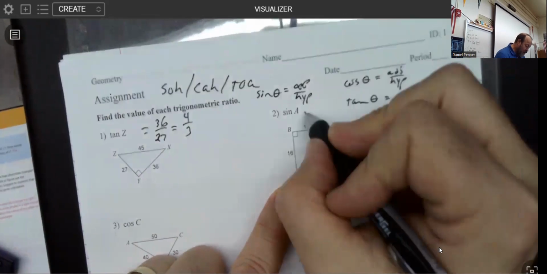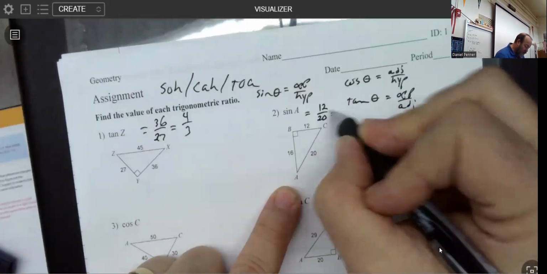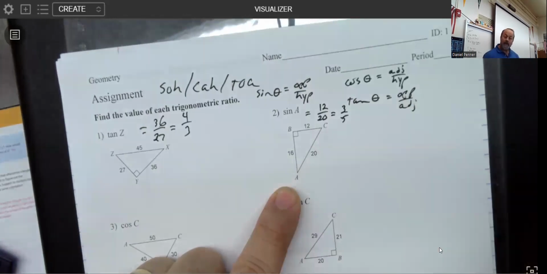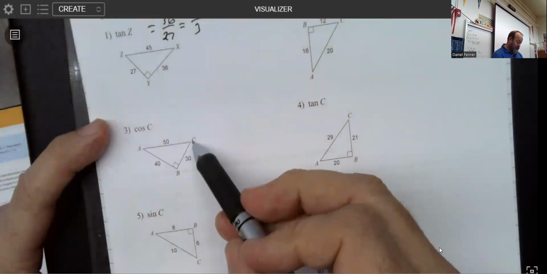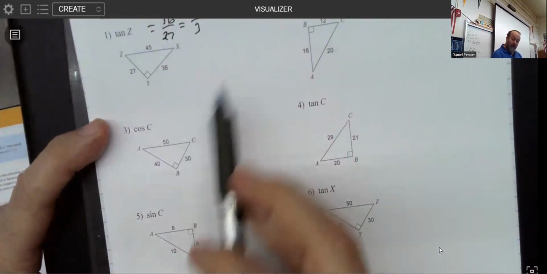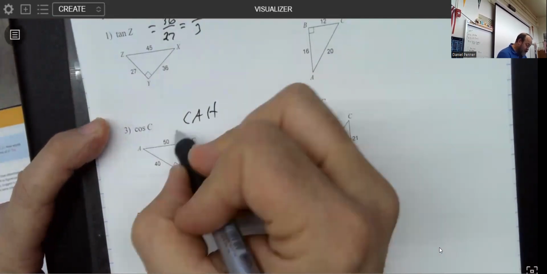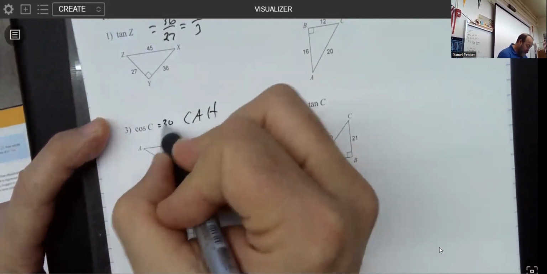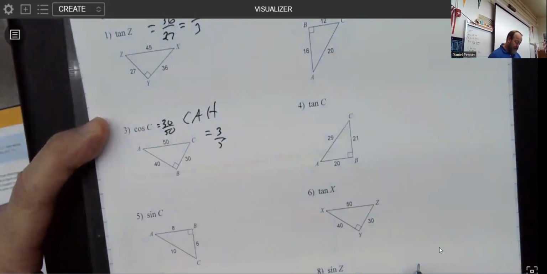So the sine is opposite over hypotenuse, again, I could divide by 4 and I would get 3/5. The cosine, adjacent over hypotenuse, CAH, so CAH TOA. The cosine is the adjacent, that's 30 over hypotenuse, which is 50, which we could reduce to 3/5.